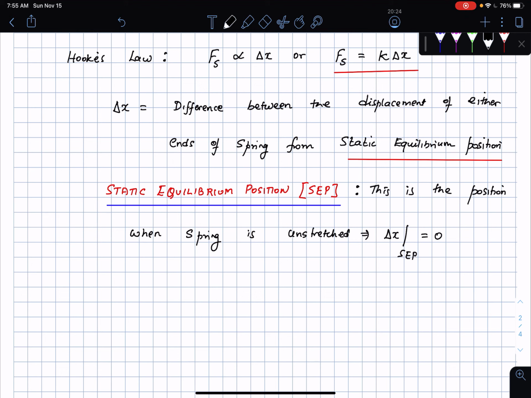This is typically how we model springs using Hooke's law, and the stiffness of the spring refers to the force required to cause a unit deflection in the spring.